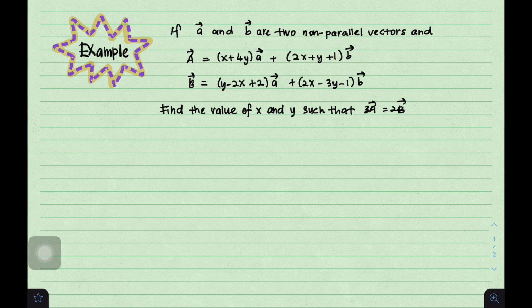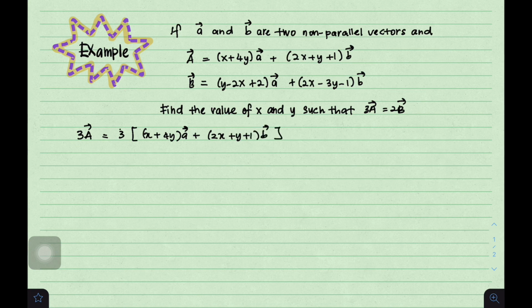So apa yang awak kena buat? Yang pertama, awak kena cari dulu 3A apa, 2B apa. So 3A bermaksud 3 didarabkan dengan vektor A. Okay, di mana kita akan darabkan 3 dengan keseluruhan vektor A, which is (x plus 4y)a plus with (2x plus y plus 1)b.